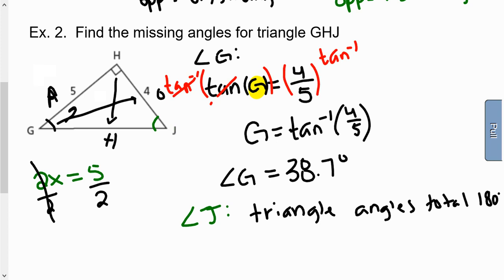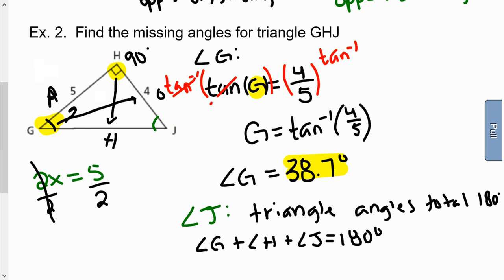And just like in every other equation, if I know everything but one unknown, I can solve for that unknown. Here, I know angle G, right? I know it's 38.7 degrees. I also know angle H, because I know that this has to be a right angle. I know that this has a measure of 90 degrees. So I know that angles G and H and J have to total to 180 degrees.